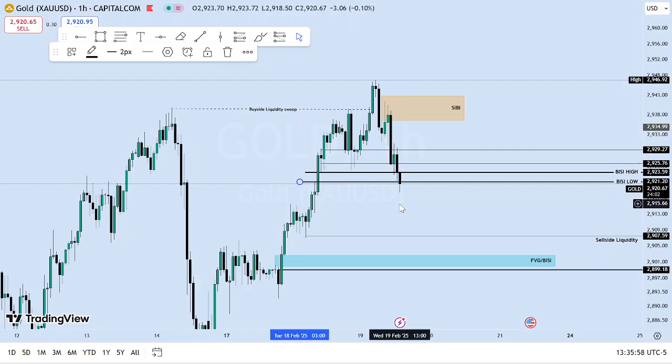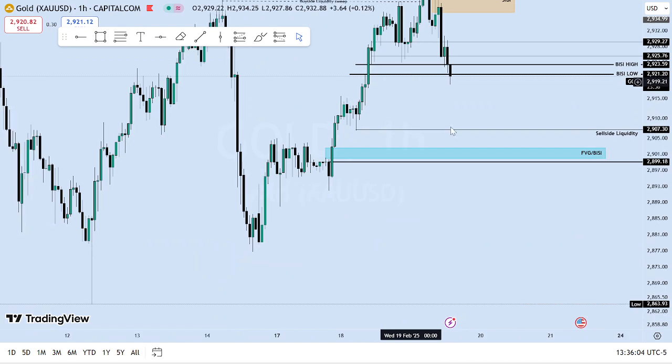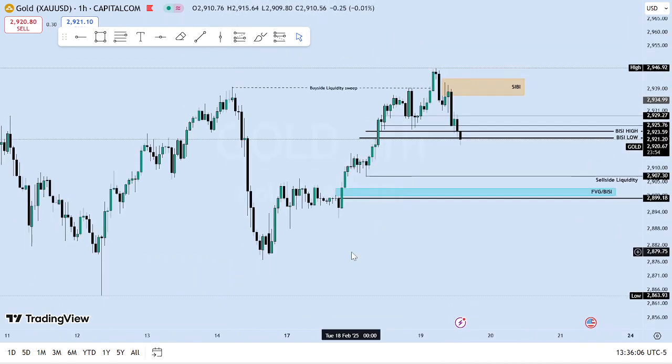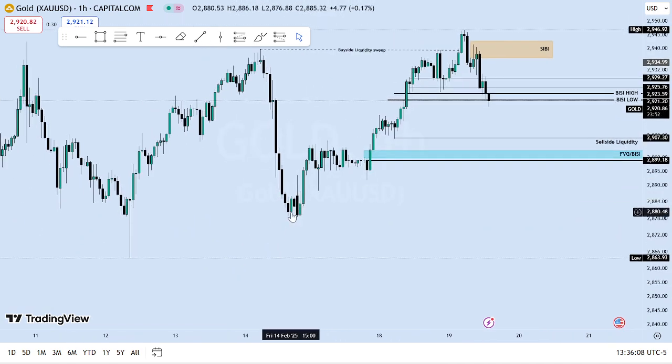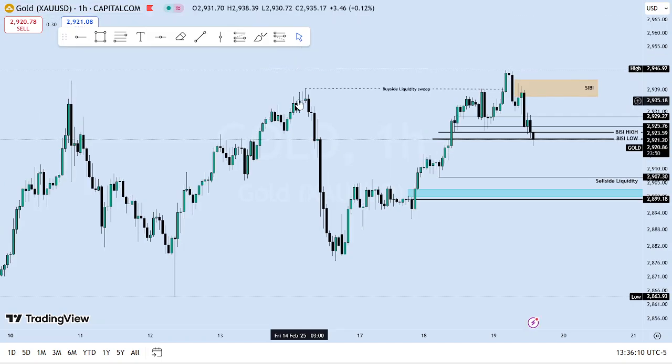You want to see price break below it, then coming to take this sell side liquidity resting below here. And we have Friday low, which price is coming to take. Since we have taken the Friday high, the algo engineers price coming to take the Friday low.